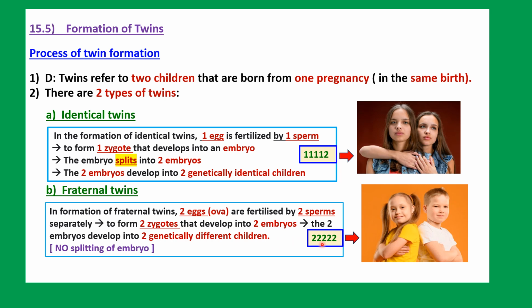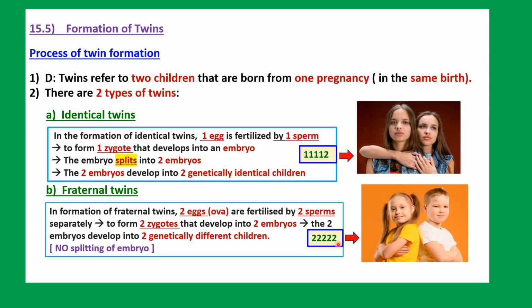So our memory aid is all 2, 5 twos. 2 different eggs fertilized by 2 different sperms to form two genetically different zygotes, develop into two embryos, and then become two genetically different children.